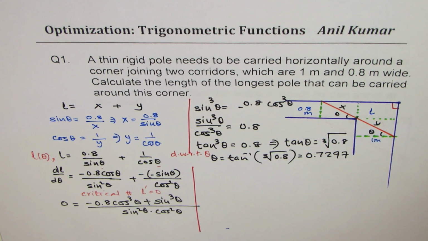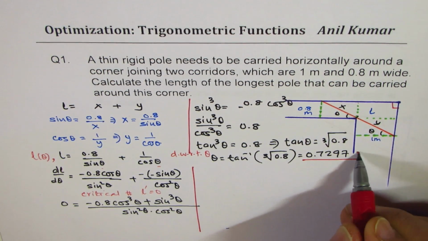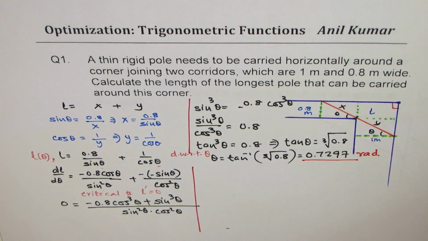With that, we will check the value now, right? So what we get here is theta, to maximize or to minimize, you can say, is this, and this is in radians. Okay. Now, let's figure out how much it is. We'll just substitute the value and calculate.